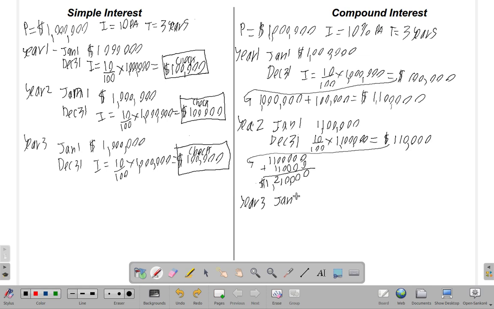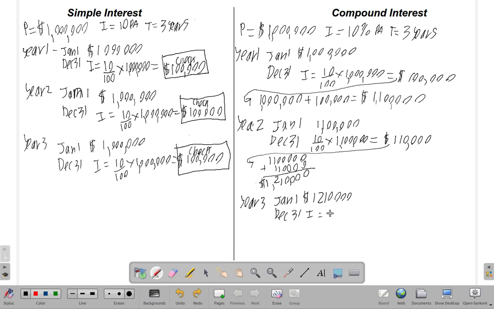Year 3, January 1, you still have your $1,210,000, and then on December 31 of year 3, you get interest.